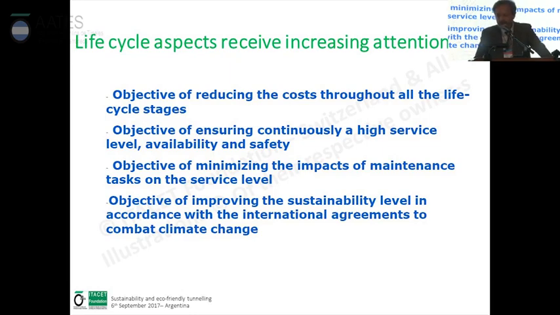How to minimize the impacts of maintenance tasks on the service level. If I need to close the tunnel for maintenance every month, it's not acceptable anymore, so we have to think how to reduce this closure time.